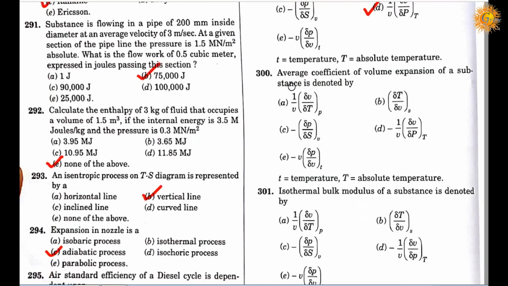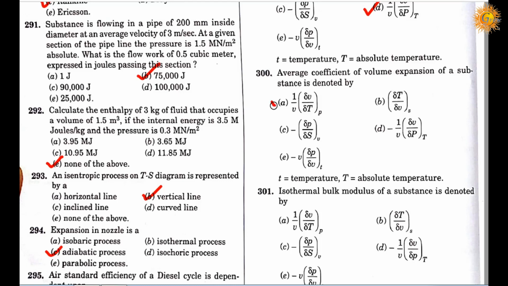Question number 300. Average coefficient of volume expansion of a substance is denoted by: option A, 1/V (∂V/∂T) subscript P; option B, (∂T/∂V) subscript S; option C, −(∂P/∂S) subscript V; option D, −1/V (∂V/∂P) subscript capital T; and option E, −V (∂P/∂T) subscript small t, where small t is the temperature and capital T is absolute temperature.